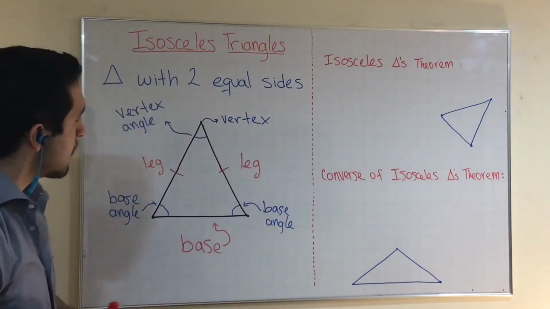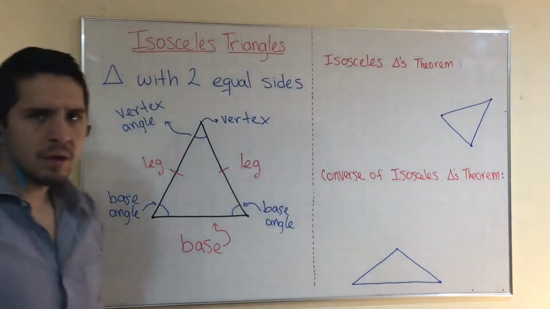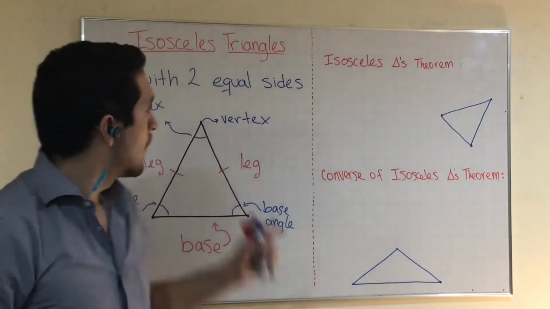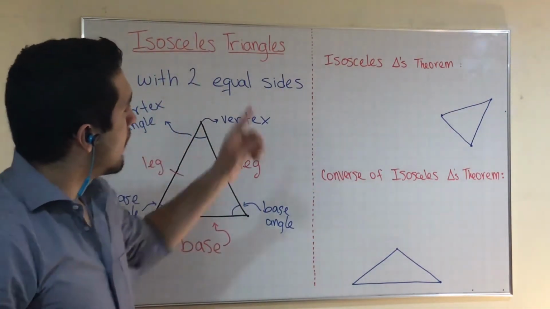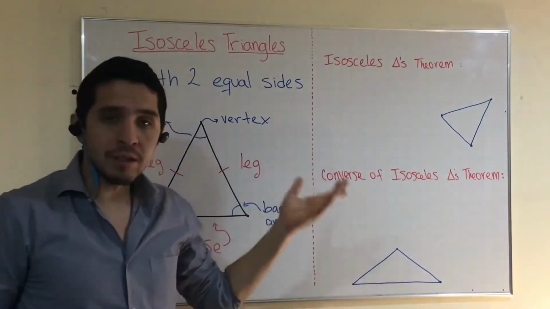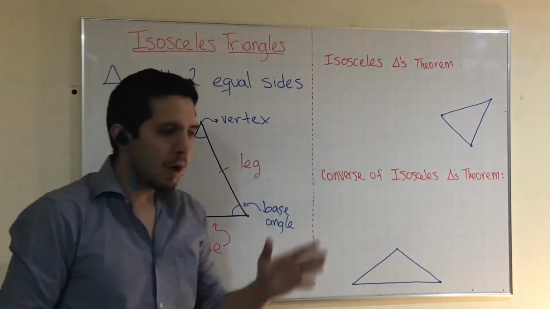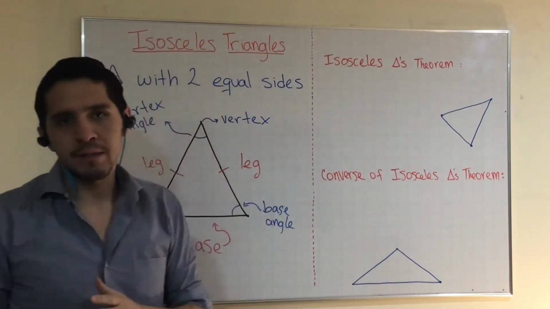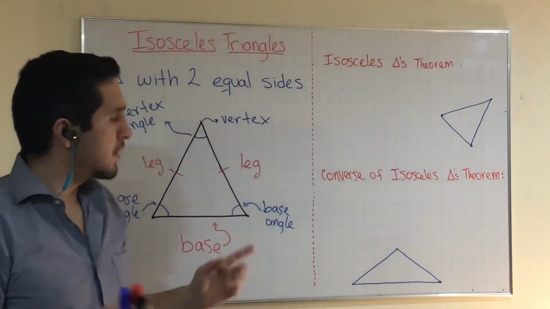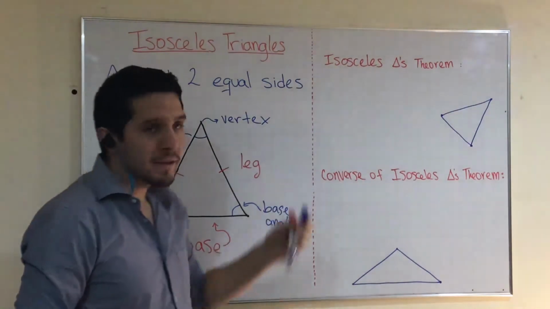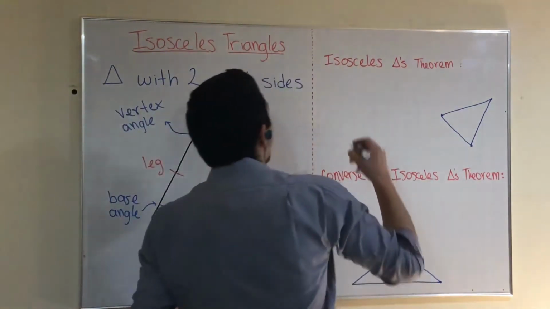All right? Now, let's talk a little bit more about isosceles triangles. There is a theorem, it's called the isosceles triangle theorem, that explains the behavior of the angles and the sides and the relationship in isosceles triangles. This theorem says the following.